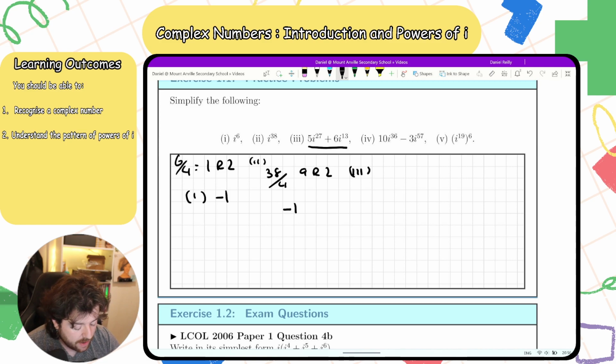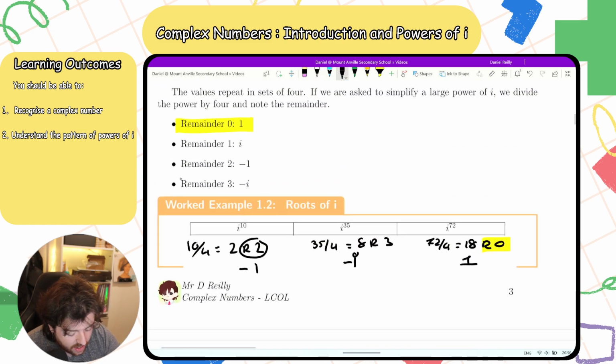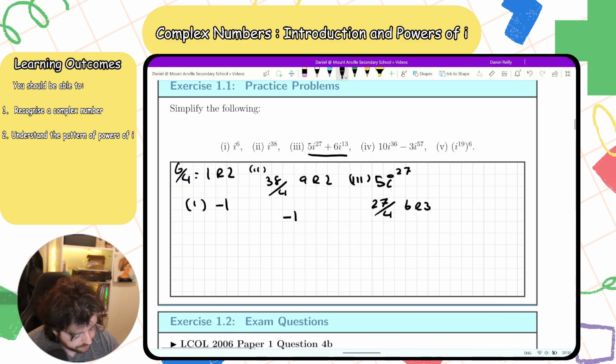Part 3, 5i to the power of 27 plus 6i to the power of 13. Well, let's simplify these. So 5i to the 27, that is going to be equal to 27 divided by 4. So let's find out what this i goes to. 27 divided by 4 is going to give me 6 remainder 3. So therefore, if remainder 3, i to the power of 27 is going to go to minus i.